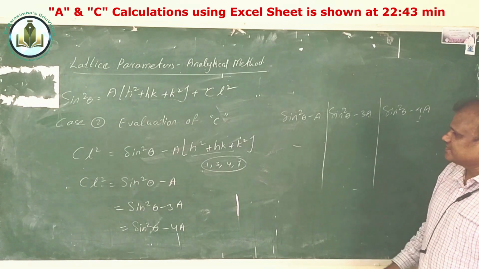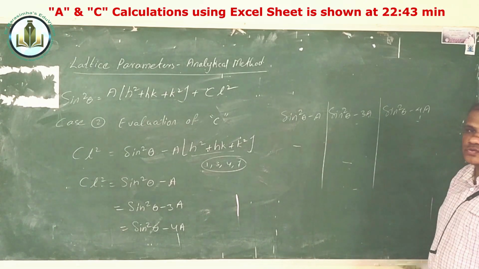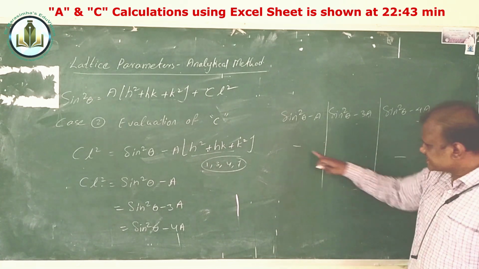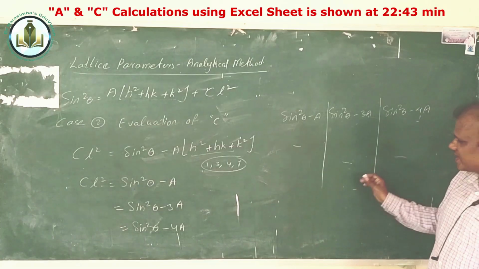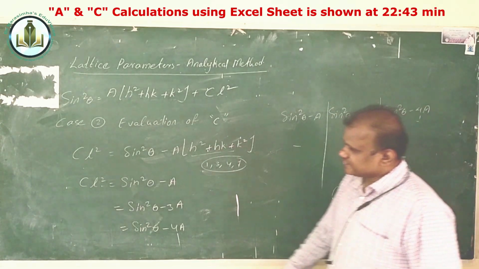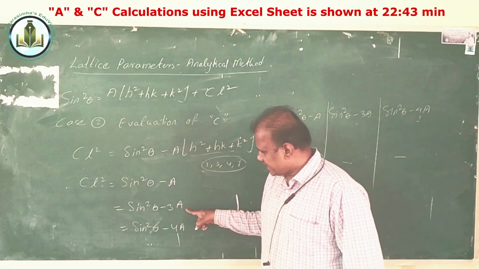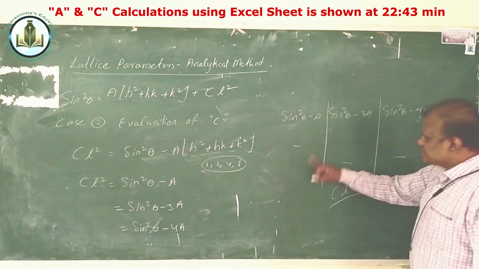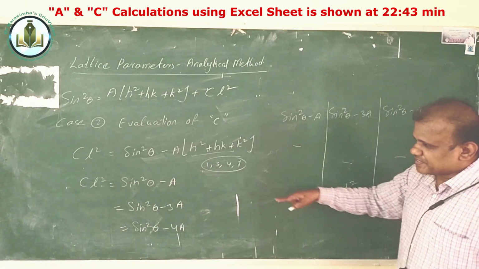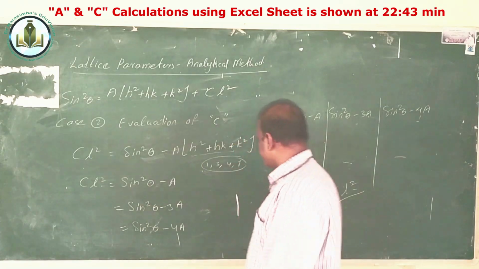Here you are going to find the same value, and here also you are going to find the same value. This repeatedly appearing value is nothing but your C L square, because we have written C L square equal to it. So the value which appears commonly in each column can be represented as C L square.